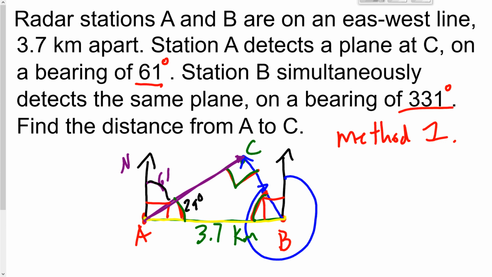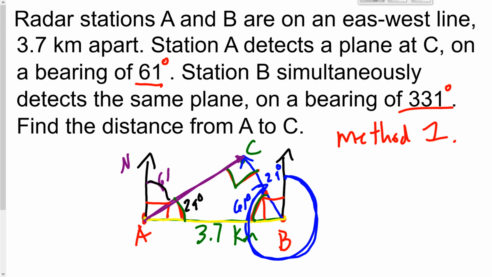Same thing here: if this blue at station B was 331, to get full circle would be a distance of 29. So there's a 29-degree gap here, so this one down here would have to be 61 degrees. And so they're complementary, they add up to 90.